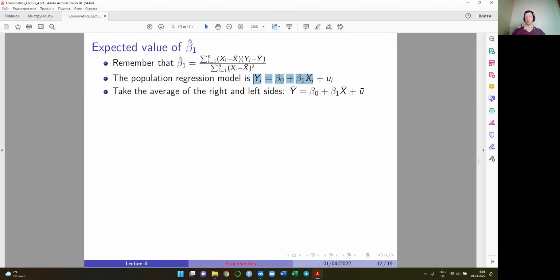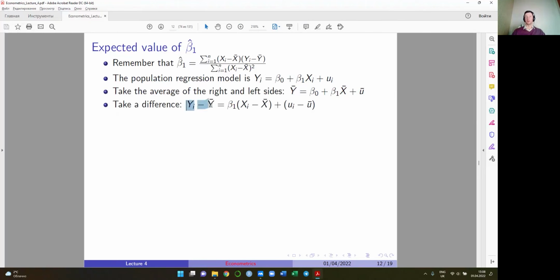So this is the population model. This is also the population model. Look, no estimators here. All the parameters are population parameters, constant unknown parameters. Now we take the difference. We subtract the second from the first. So we have this.